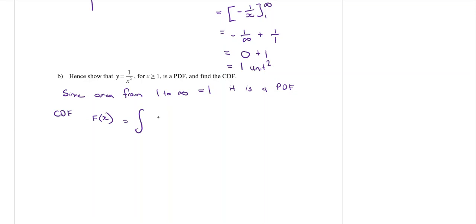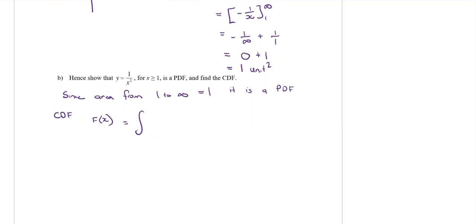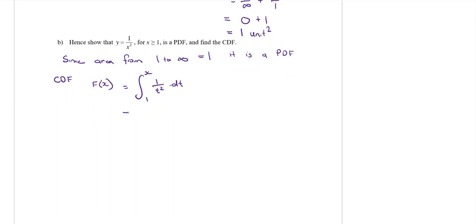To find the CDF, we are going to have to integrate the PDF, which, the equation was 1 over x squared. We're going to make that 1 over t squared, so we can integrate it with respect to t between 1 and x, because we're starting at 1 and going on from there. Before I integrate, I need to bring my power back up. So it will be t to the negative 2 dt.